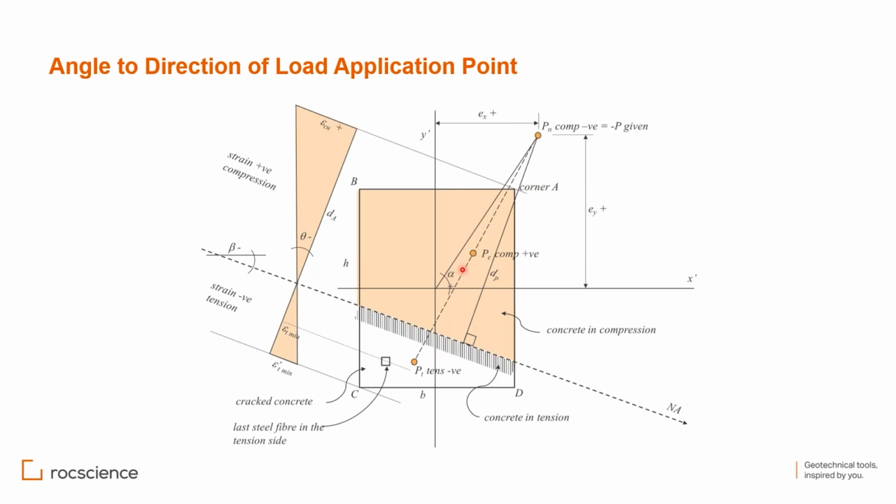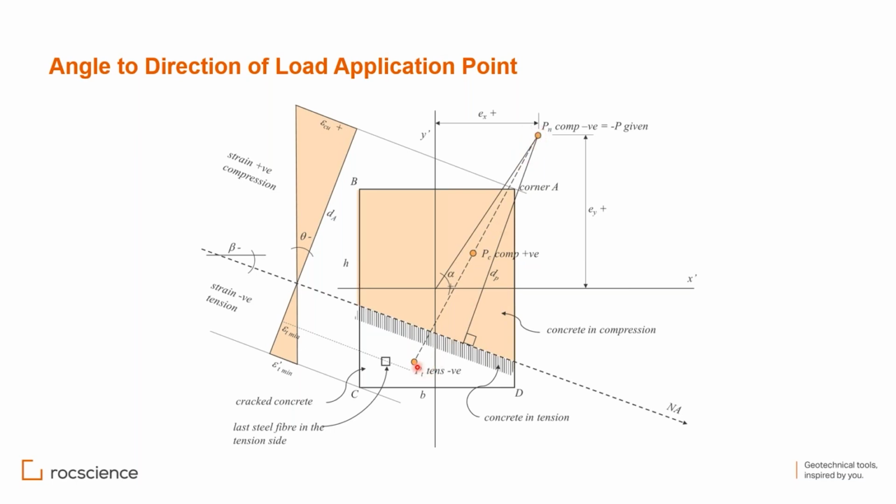Remember that. The importance of this alpha is that if you have a trial for the neutral axis, then you can locate your tensile force in the section, the tension resultant, and the compression resultant, and your force, the axial load, where it is applied.